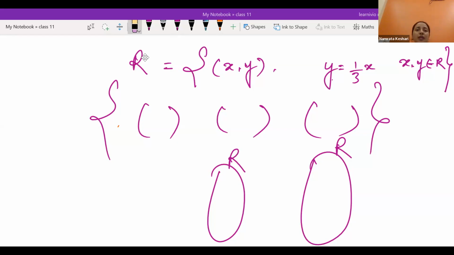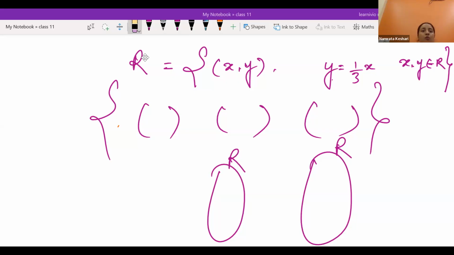So which real number to take at first, we are not sure. Yes or no? Yes, ma'am. That's why we are not able to write it in this format, by writing one ordered pair, then another, then another.